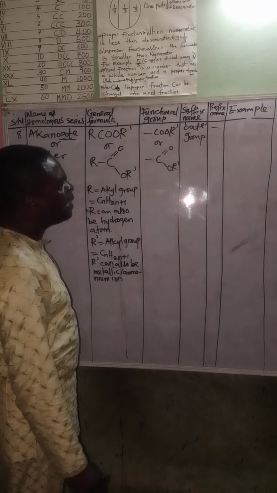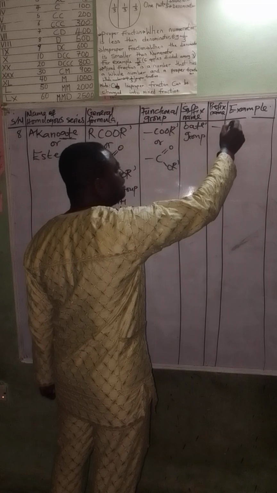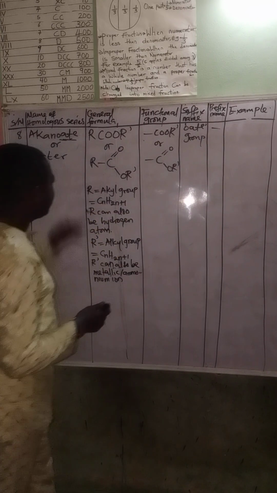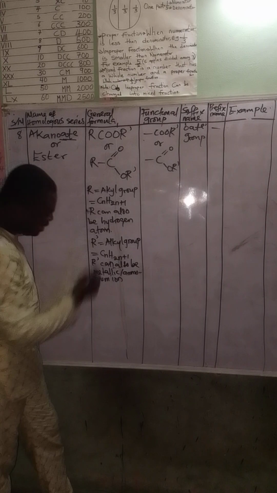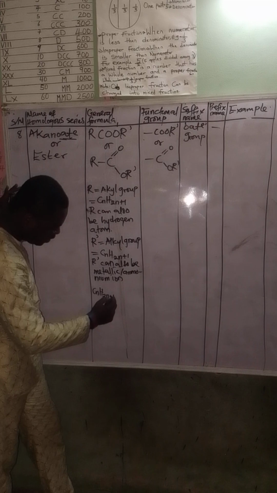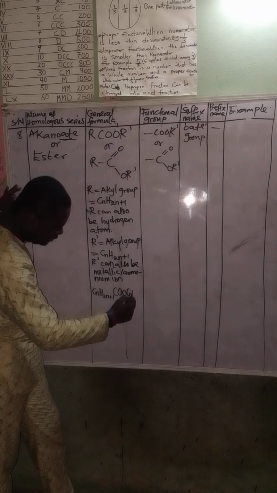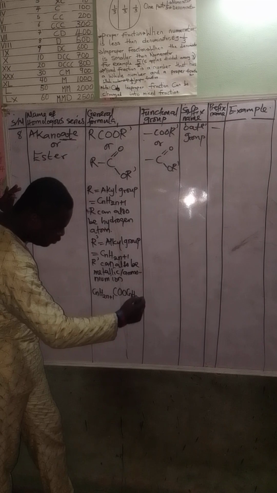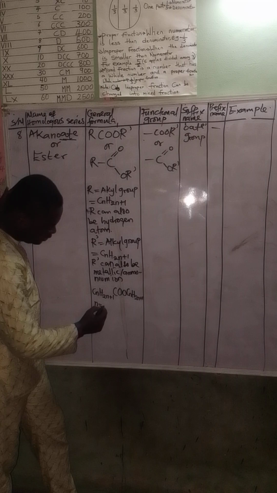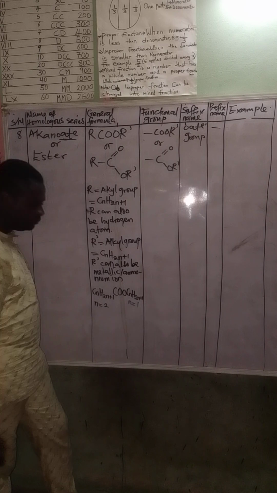Now let's look at a common example. Knowing that R can be CnH2n+1, then you have COO, another CnH2n+1. Let's assume that your n here is 2 and your n here is 1.